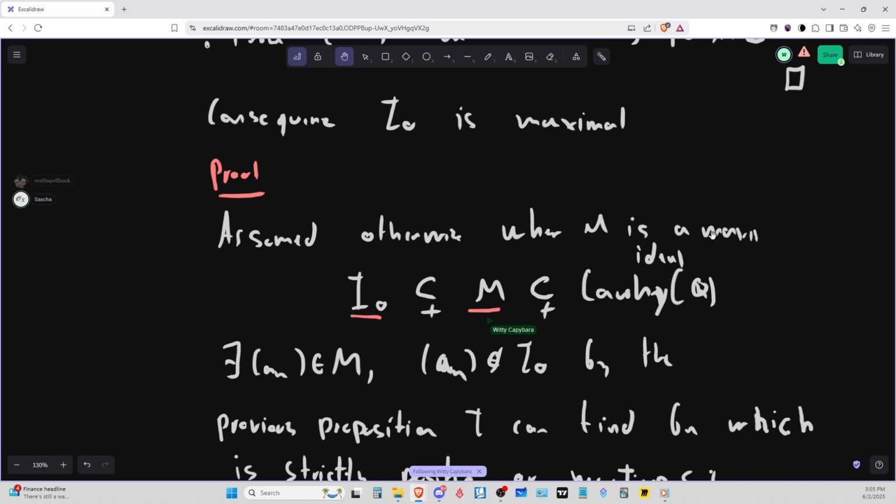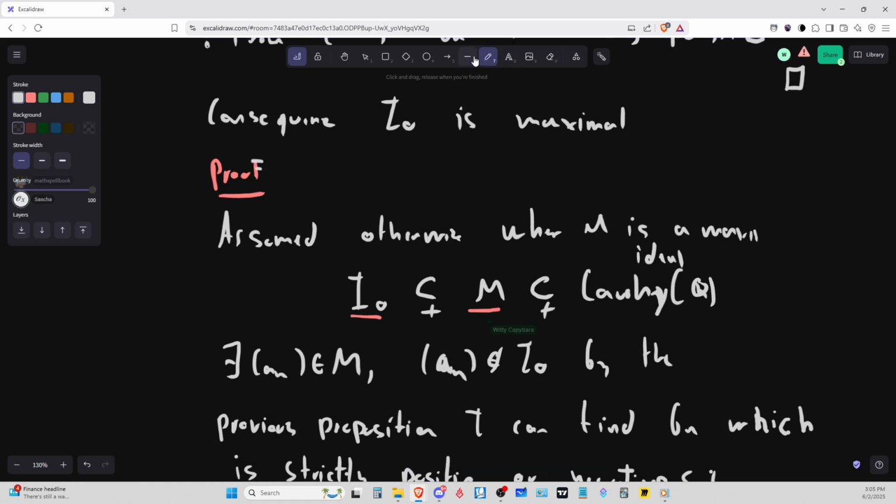But sometimes you can compare. For example, the multiples of 4 are a proper subset of the multiples of 2, because if you divide by 4, then you divide by 2. So you can say that the multiples of 2 form a bigger ideal than the multiples of 4.